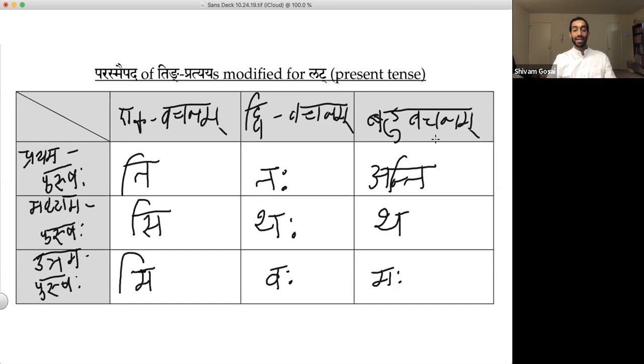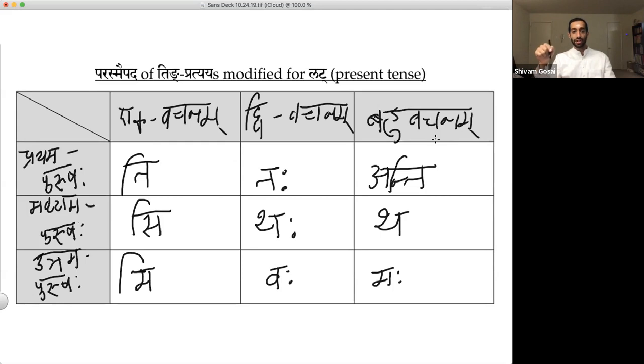Okay, so I'm repeating this because this should be kind of ingrained into our brain. These 9 forms, 3 by 3. So you can repeat after me. Ti, taha, anti. Si, taha, tha. Mi, vaha, maha.